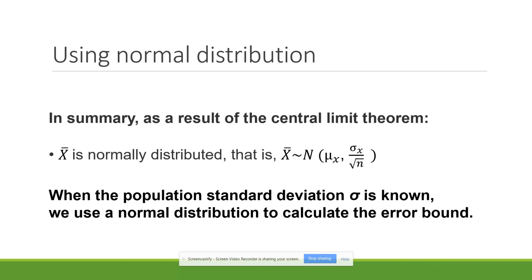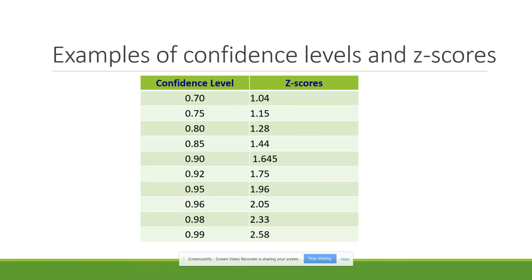Capital X bar approximates the normal distribution with the population mean, comma, the population standard deviation divided by the square root of the sample size. When the population standard deviation is known, we can use the normal distribution to calculate the error bound. That makes it more robust and easier to use because we know the population standard deviation.